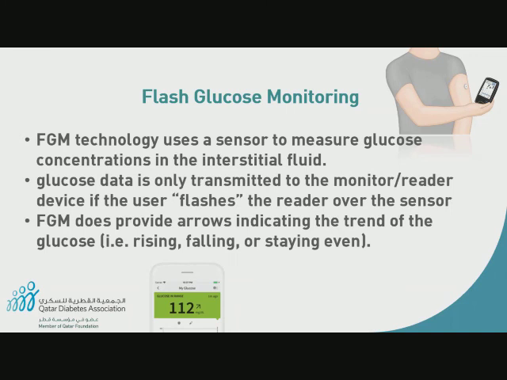Whenever you scan the sensor, you get the result, no matter how many times you scan. And along with your blood glucose level, it gives you an arrow that shows the pattern: is your glucose going to rise quickly during the next hour or two, is it going to drop, or is it steady?